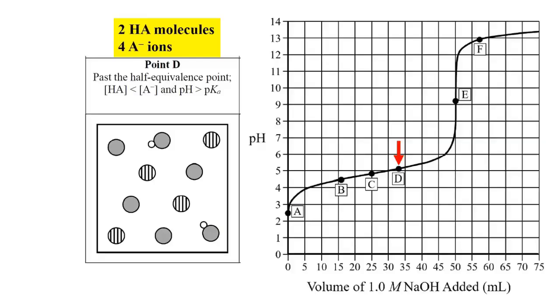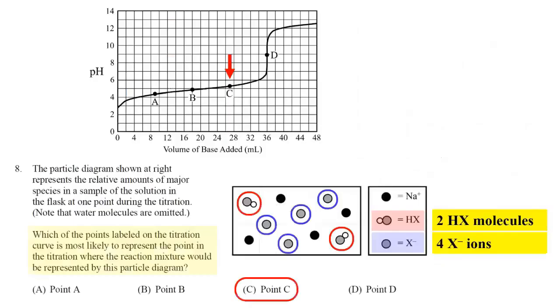So I have more particles of A minus than HA, or in this case, more particles of X minus as compared to HX. So where on that curve would there be a point slightly past the half equivalence point? The best answer for question 8 is choice C. Point C should have more particles of X minus than HX. All right, well, that is the answer to question 8.